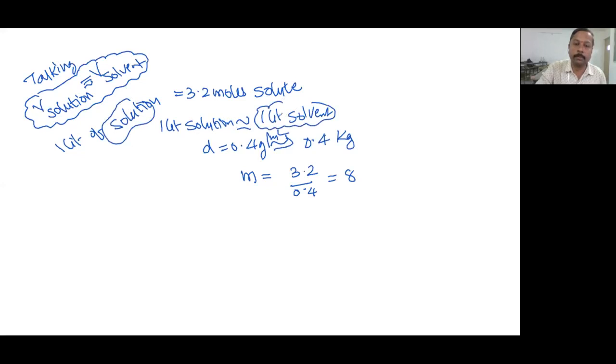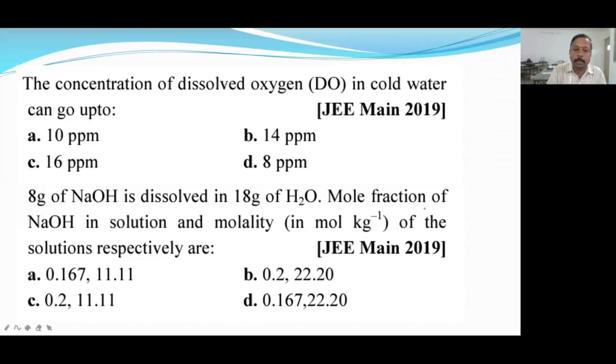So if the volume of solvent is 1 liter and density is 0.4, the mass of solvent is 0.4 kg and moles of solute is 3.2. So 3.2 divided by 0.4, you will get 8. Okay, the answer is 8.